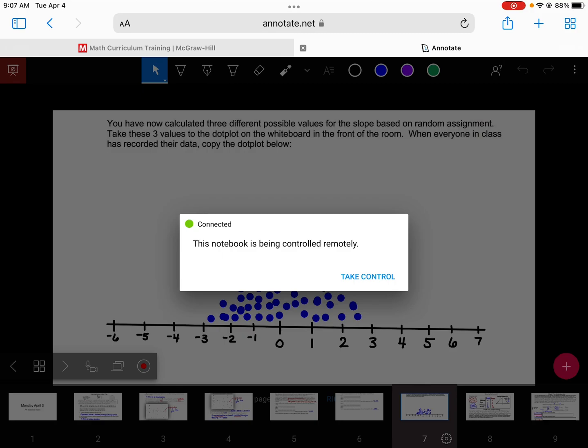So I want to look, does anybody remember what our observed slope was? Our slope. Super close. Negative 1.517.